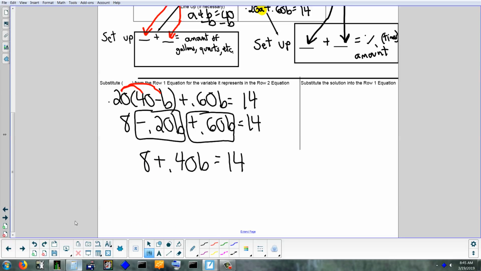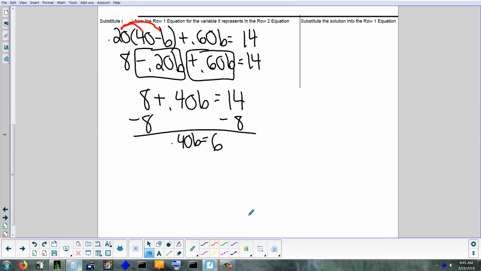Like Angelica just said, subtract 8. 0.40B equals 14 minus 8. Anybody know? 6. Last step will be what? Division. Divide by what number? 0.40.